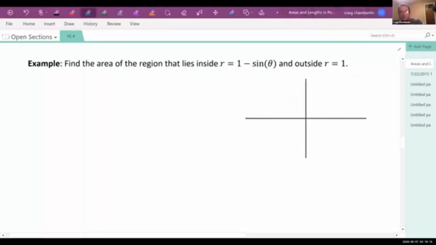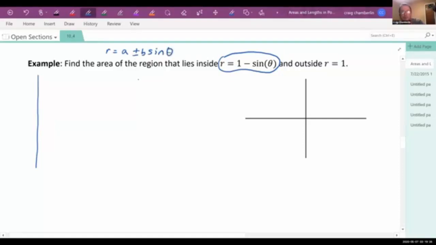So let's start with the cardioid. If I wanted to graph the cardioid, how do I know this is a cardioid? Well, it's of that form r equals a plus or minus b times sine of theta.